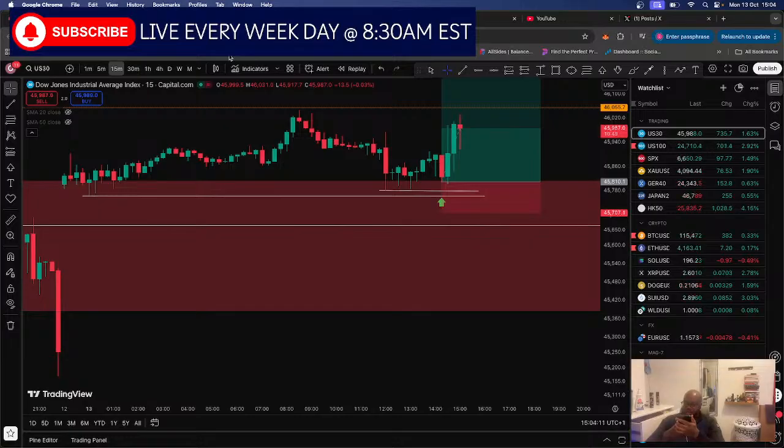I'm expecting at least 2% up on the Dow today, if we can break this order block, which has been extremely tough to break today so far anyway. There we go, let's go green again.